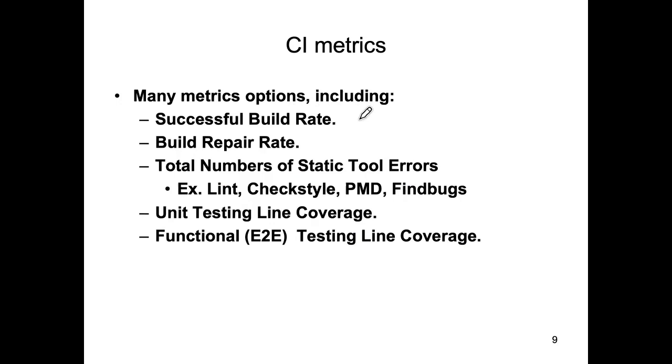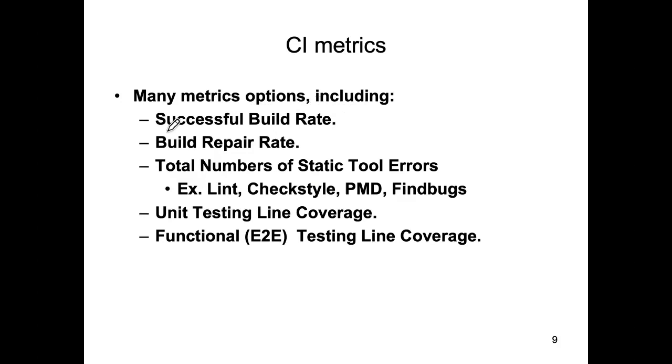Very simple metrics might be, do our builds work every time? Or are we having lots of build failures? And if so, can we improve on that? So the actual success rate of your builds is a very simple metric that the team leader might use to assess whether their continuous integration process is good or not.